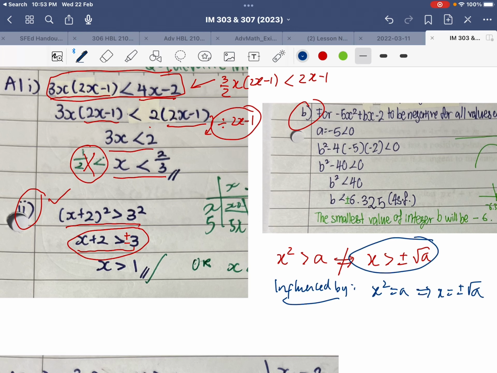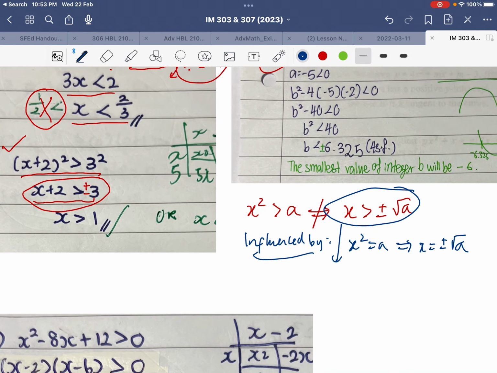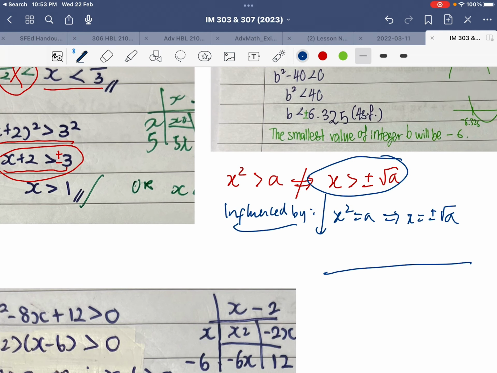In fact, if you put this on the number line, it will look very weird. Negative square root of a will be here, square root of a will be here. So when you say x is greater than negative square root of a, and then x greater than square root of a, notice that it will only give you one side, which is just x greater than square root of a. So what's the point of saying plus or minus? This is a common misconception, but this is really not true.